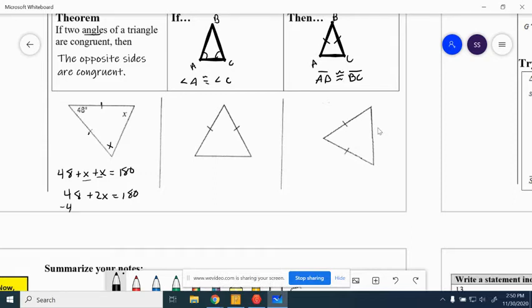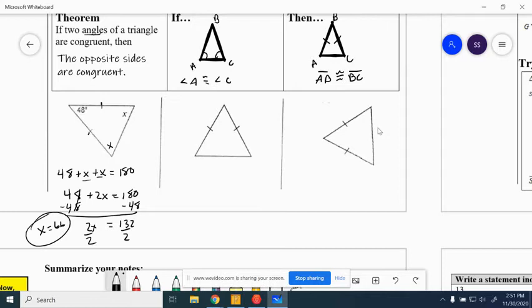Subtract 48 on one side, got to do it to the other side, and we're left with 180 minus 48 is 132. Divide by 2, and we're left with x is equal to 66. And there we go.